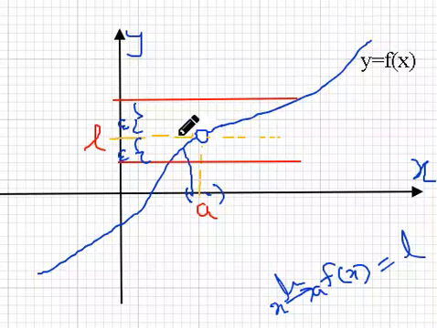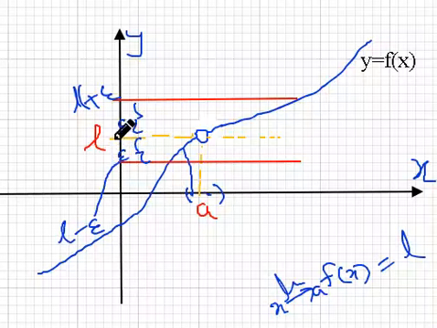If you consider any strip around this value of L, and the length of this strip is 2 epsilon, right? What is the value of this one then? This is L plus epsilon, the upper bound of the ribbon, and this is the lower bound, L minus epsilon.